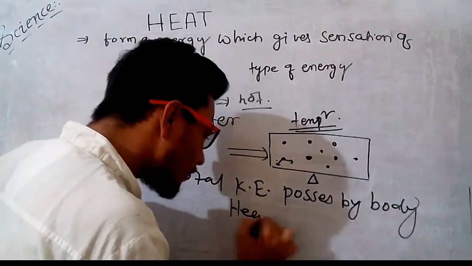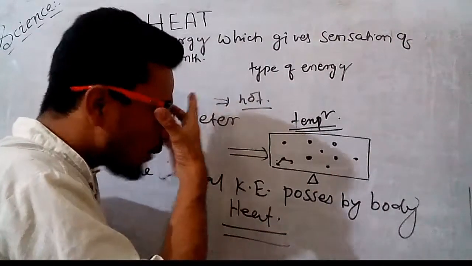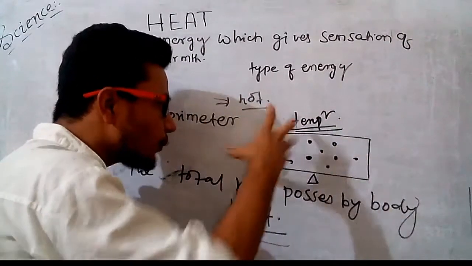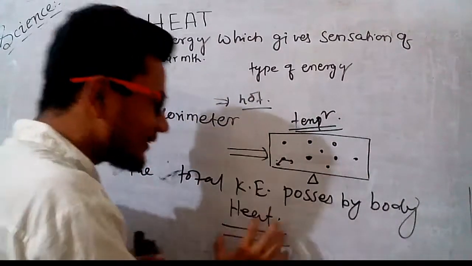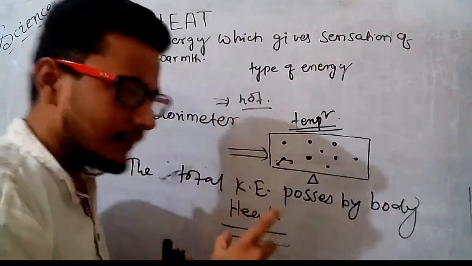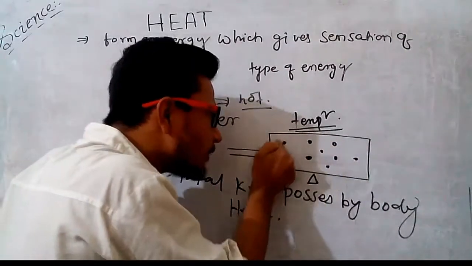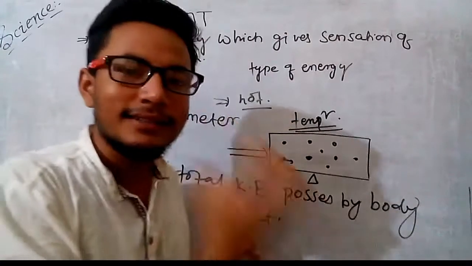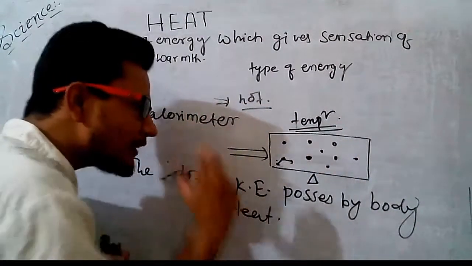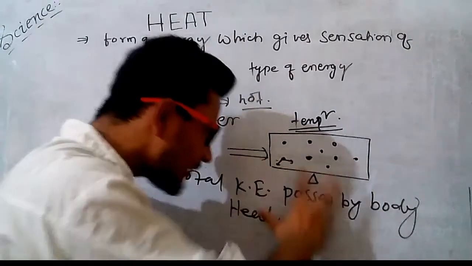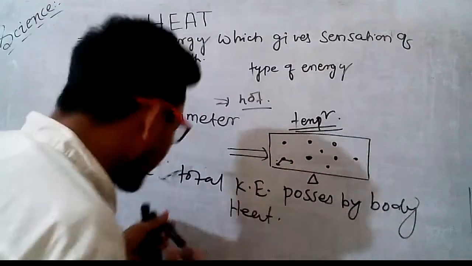So heat is the sum of all the kinetic energy of the molecules. But temperature means average: how much average kinetic energy each molecule possesses is called temperature. So the main difference between heat and temperature is in terms of kinetic energy.